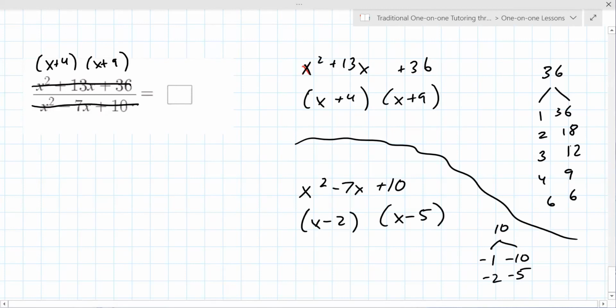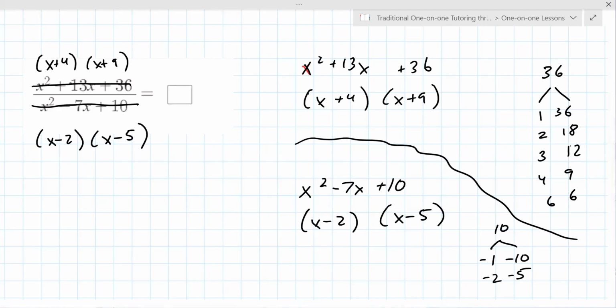And again, instead of rewriting the whole thing, I'm just going to write this. And this is the first unusual situation because you're used to canceling, but there's nothing to cancel. Right.